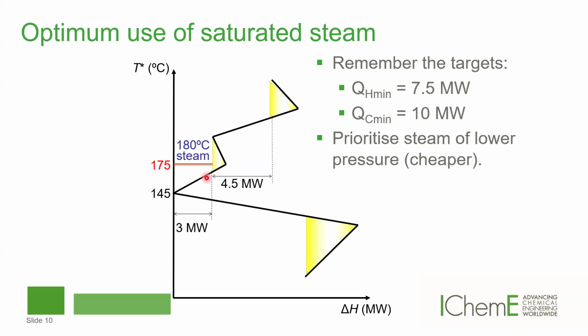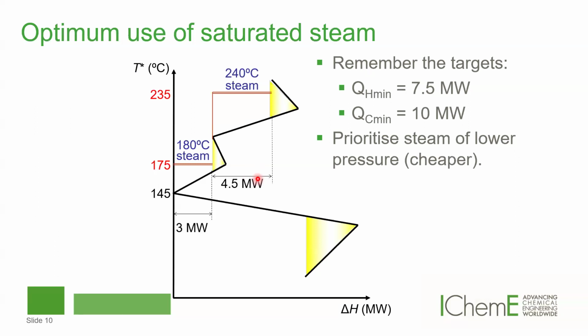That implies that we can reduce the requirement for the 240 degrees Celsius steam. The 240 degrees Celsius steam, we need to shift down to 235 because of the adjustment in the temperature. So we plot it there, and the horizontal distance is 4.5 megawatts.